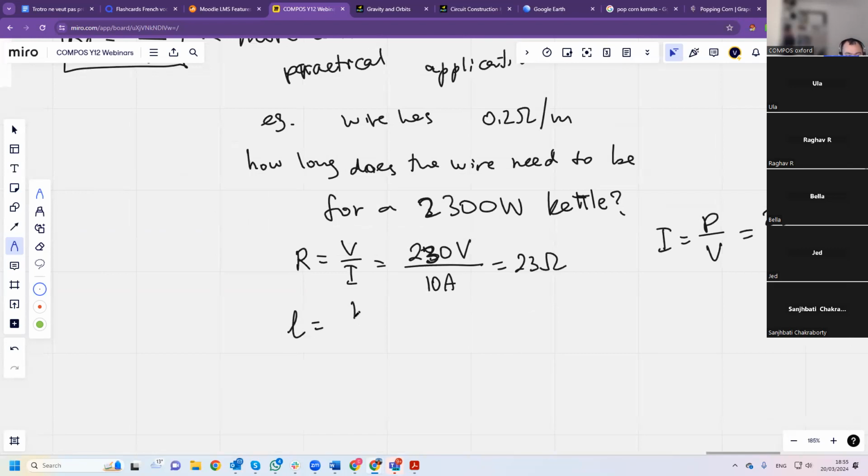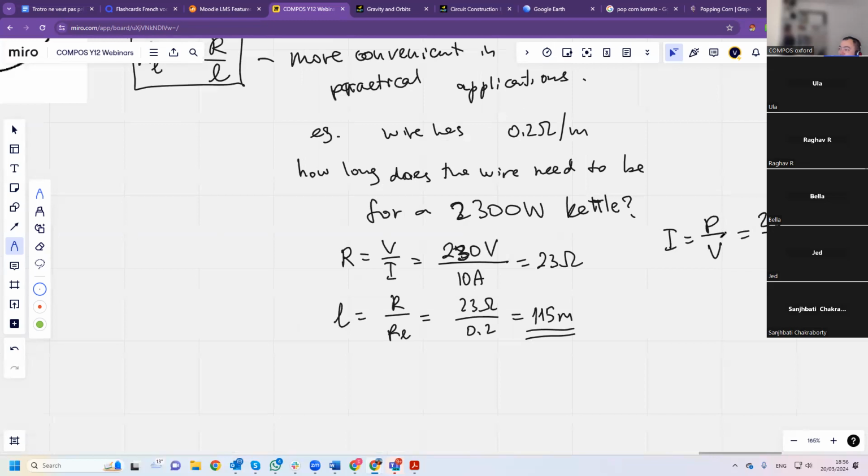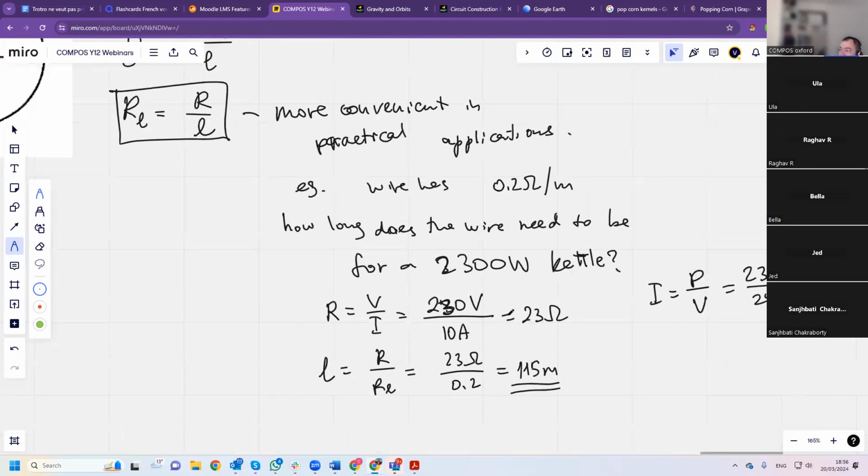And then the length is going to be the resistance divided by the resistance per unit length, which is 23 ohms divided by 0.2, which is 115 meters. So you need 115 meters of wire. You can see how this is much easier than having to use the cross-sectional area of the wire. If you are a person who makes kettles, why would you need that information? You need the resistance per unit length.